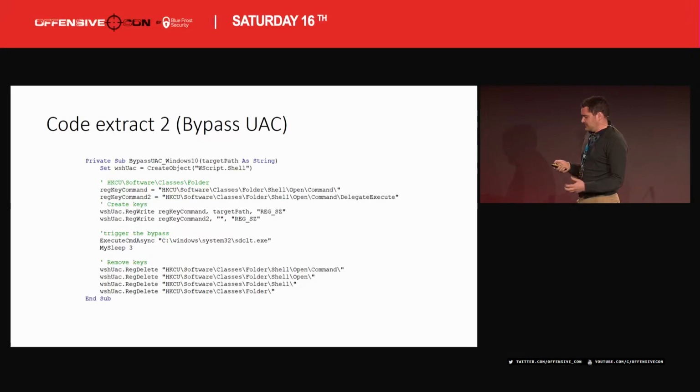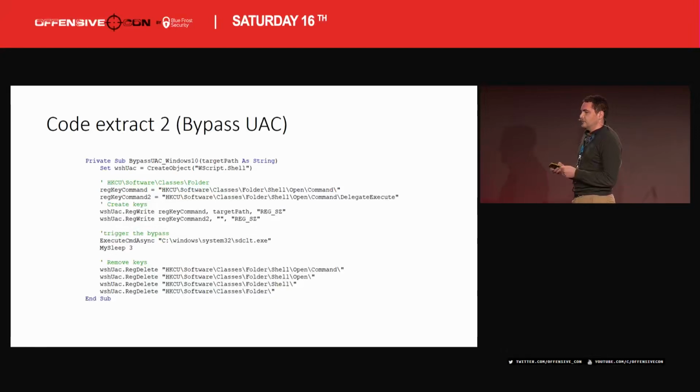So how to combine with ASR? In the target path, so in the command registry key, I put the application I want to run elevated. And then I use my ASR bypass function that we saw in the previous slide to start sdclt.exe.